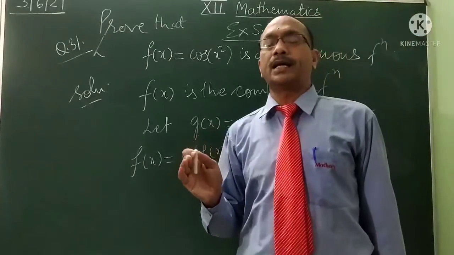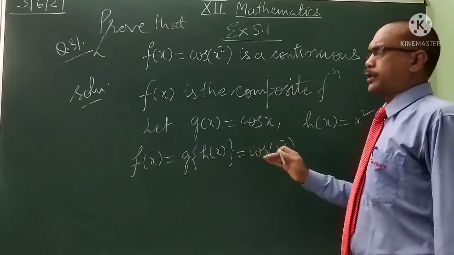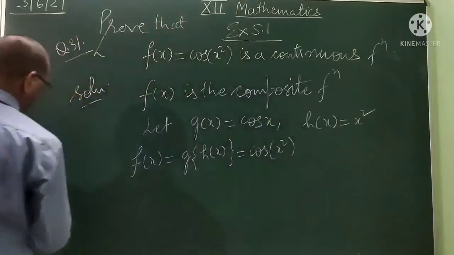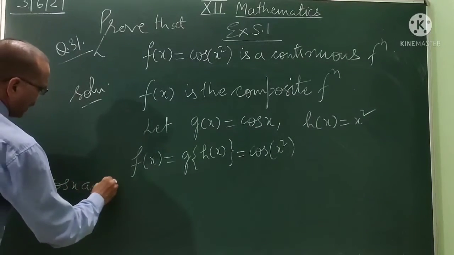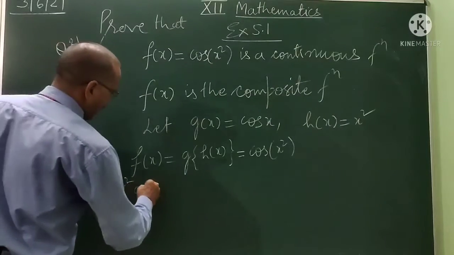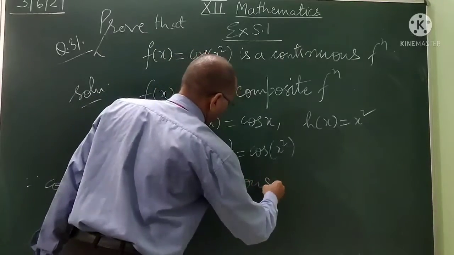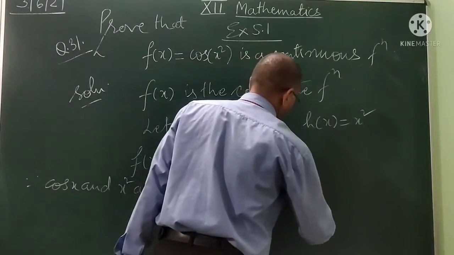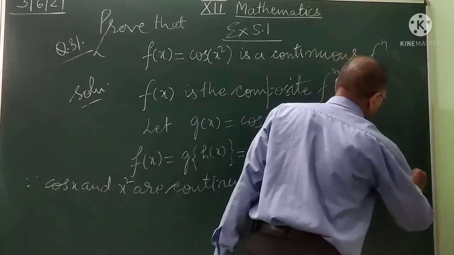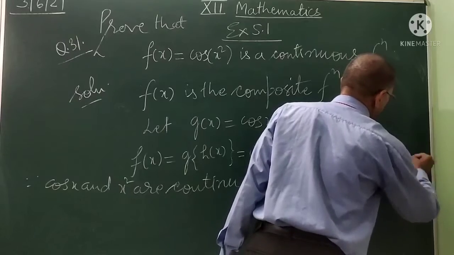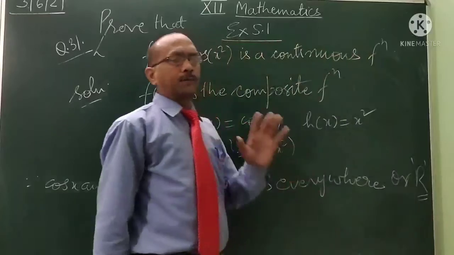Student, as you know, the cosine function and the square function both are continuous everywhere. Since cos x and x square are continuous everywhere, everywhere means on R, on the whole of the real numbers.